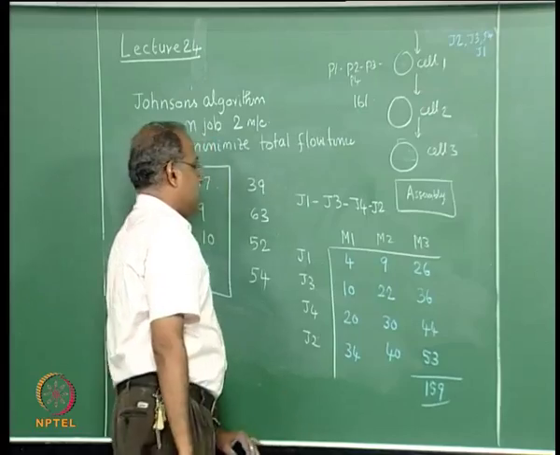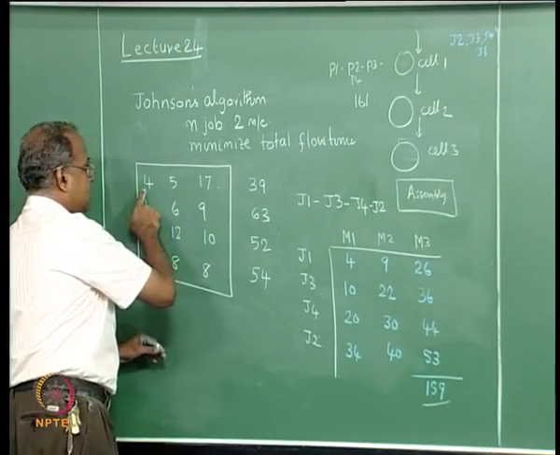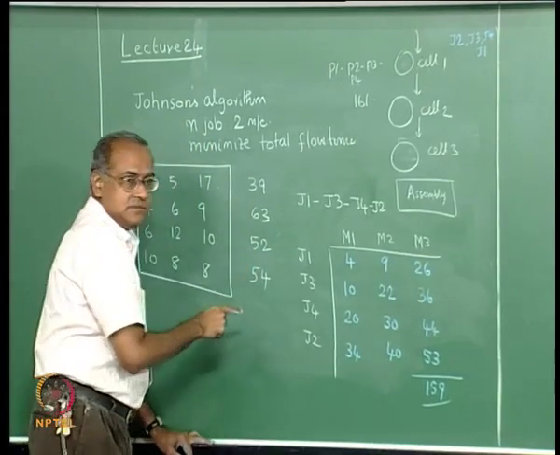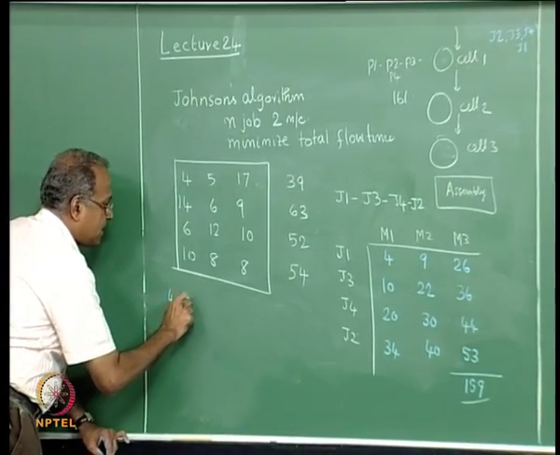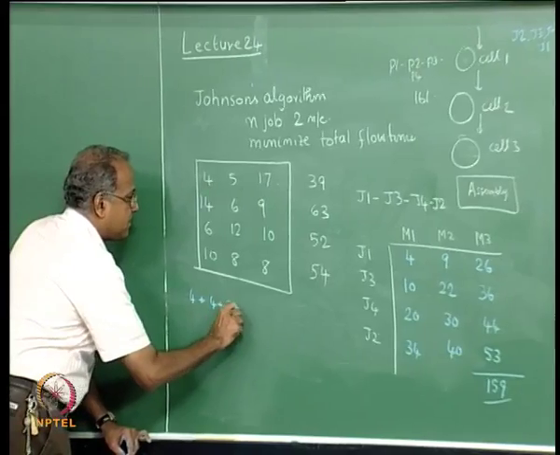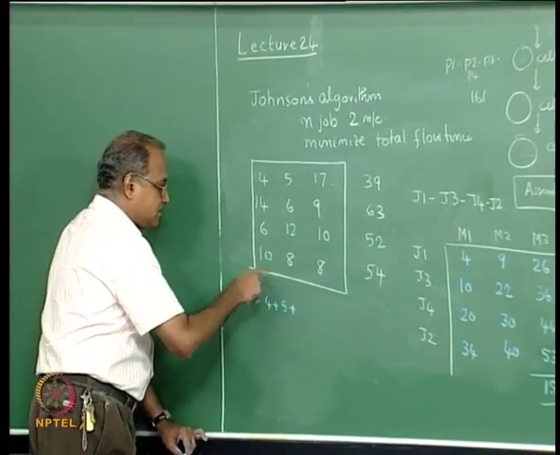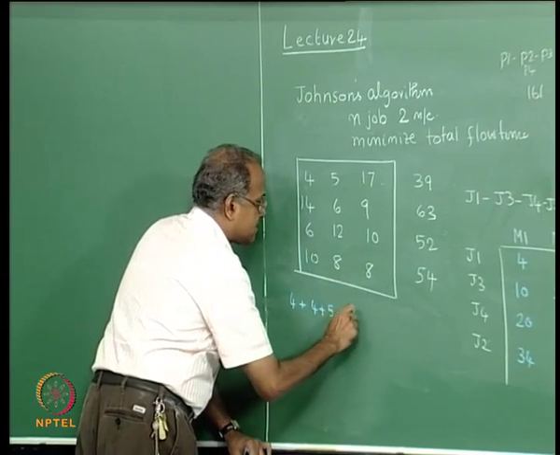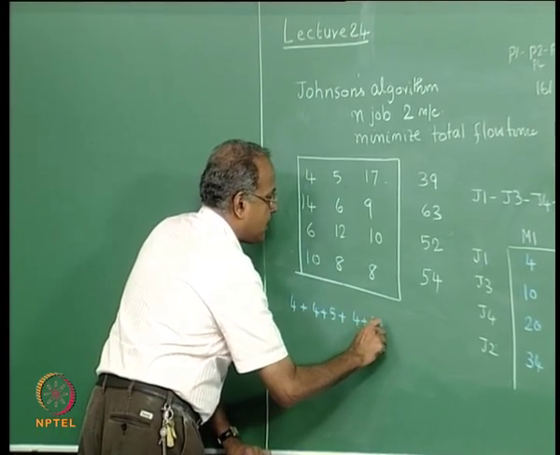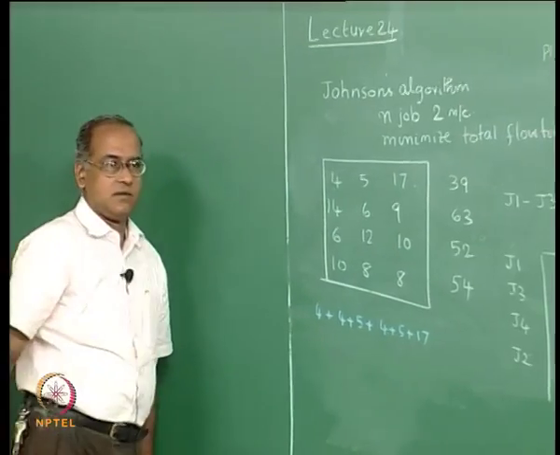26, now this is 4 plus 5, 9, so this 26 can be written as 4 plus 5, there is a 9 that comes out of 4 plus 5, plus 17.